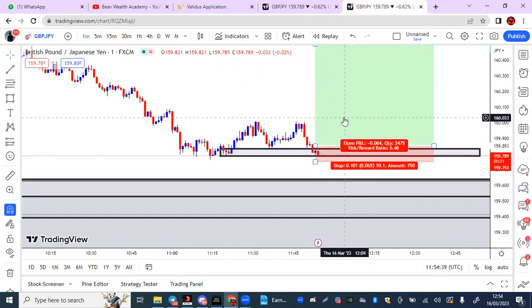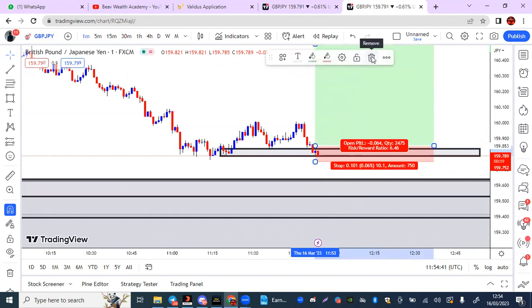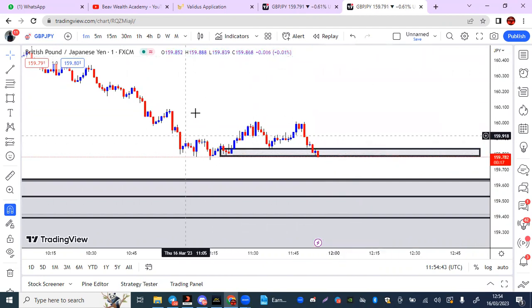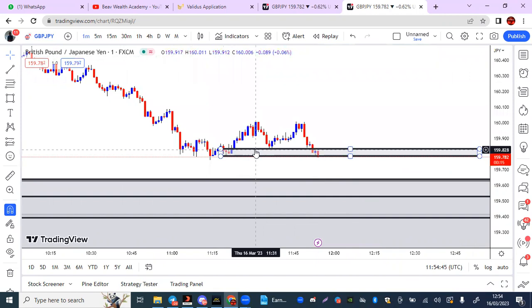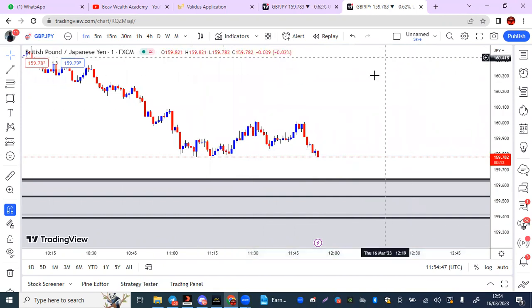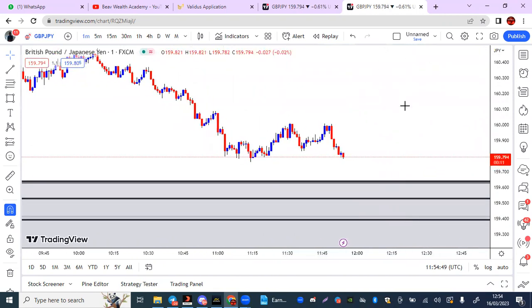So let's see how it goes. I'll take this off. Price is still going to come down, obviously. So let's take this off, and then wait for this particular POI.